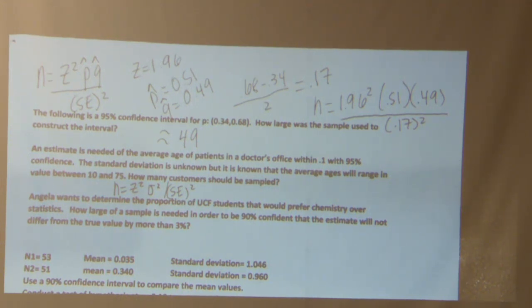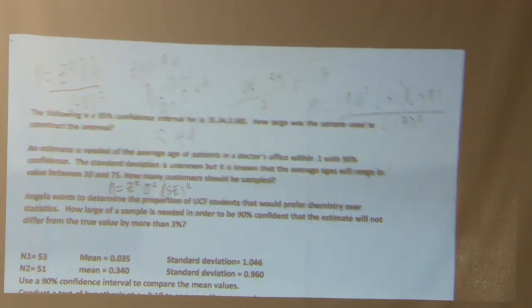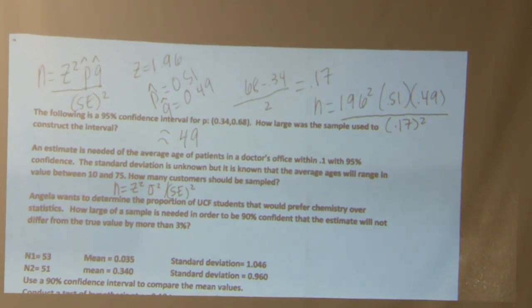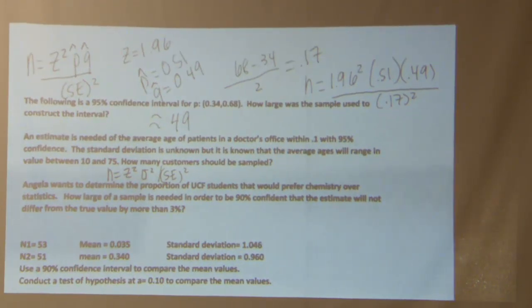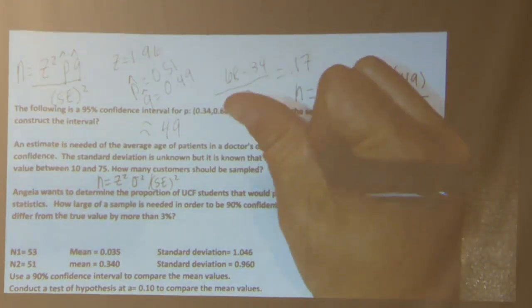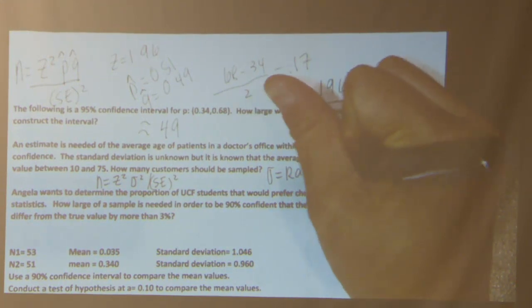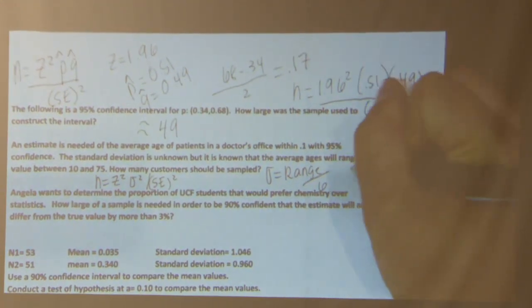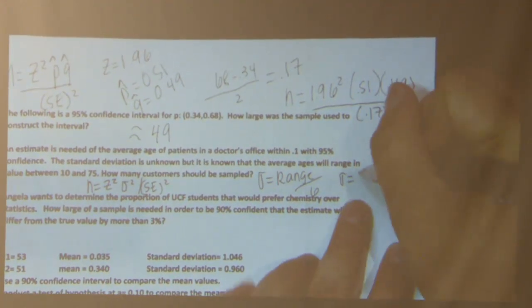So what we can do with this is find an estimate of the standard deviation. This will depend on what your teacher has told you to do. Some teachers want the standard deviation to be the range divided by 6, and some want the standard deviation to be the range divided by 4.